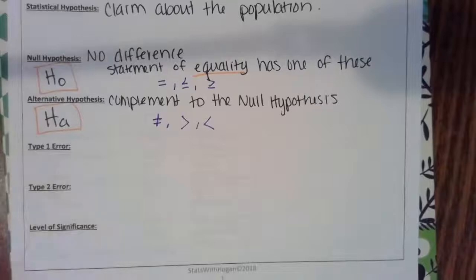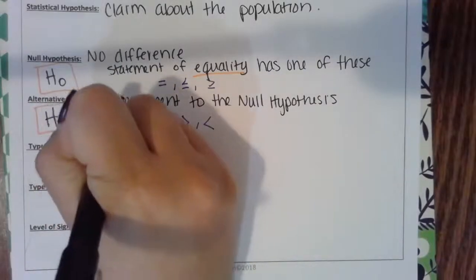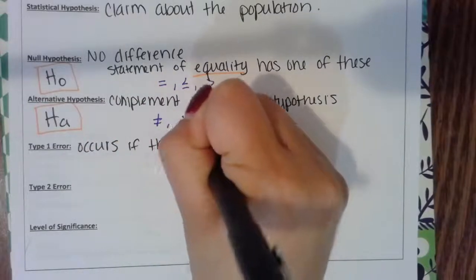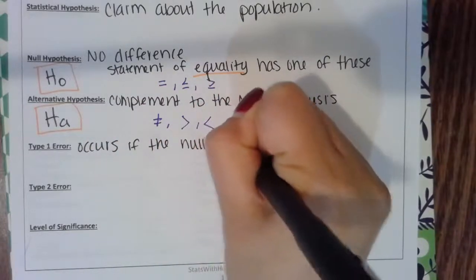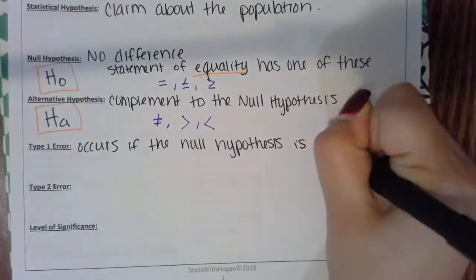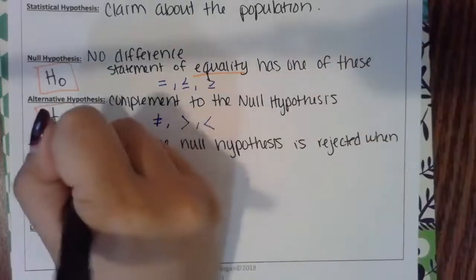Okay, so we have two types of errors. You have a type 1 error. This one occurs if the null hypothesis is rejected when it's true.